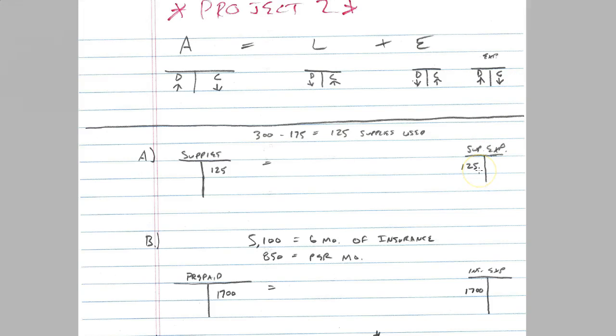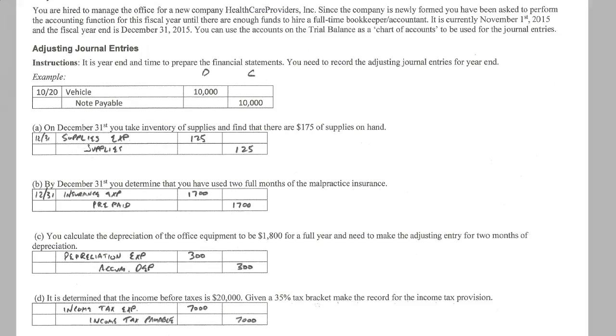I want to increase my expenses. I've had an expense, so I'm going to put a debit entry. Sure enough, I've got a credit on supplies and a debit on supply expenses, and that yields a nice balancing transaction. So this is the entry that I would make, my adjusting entry.